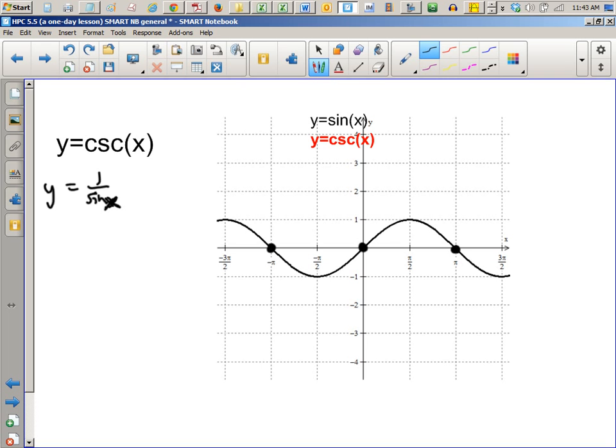If sine x goes through 0, then that means cosecant won't exist. So these 3 black points suddenly become our asymptotes. So we have a vertical asymptote right here.